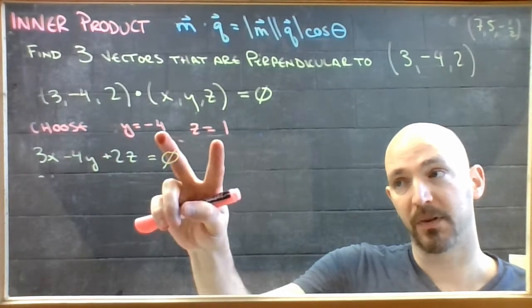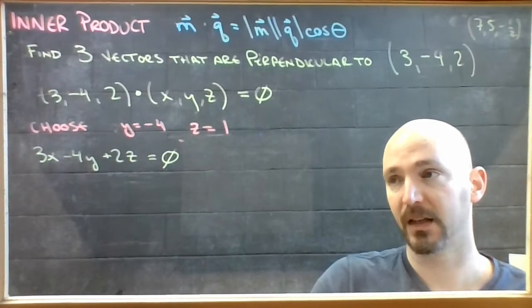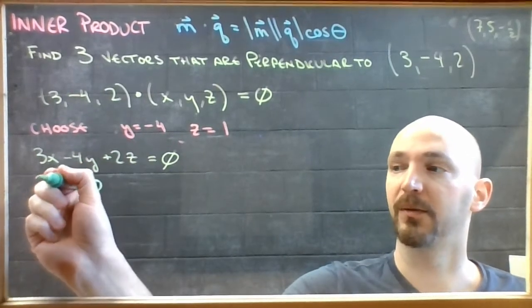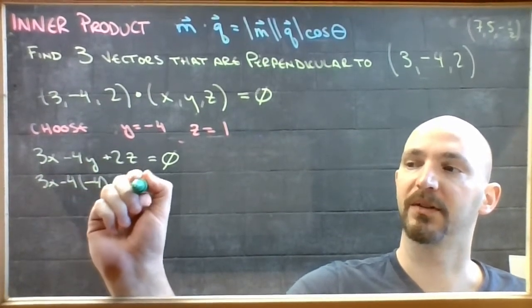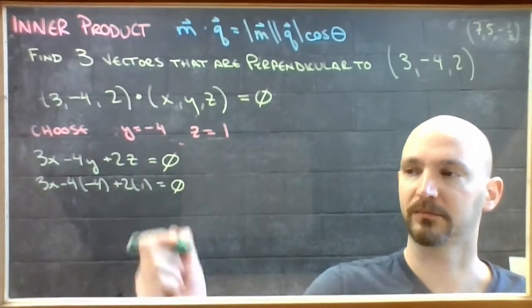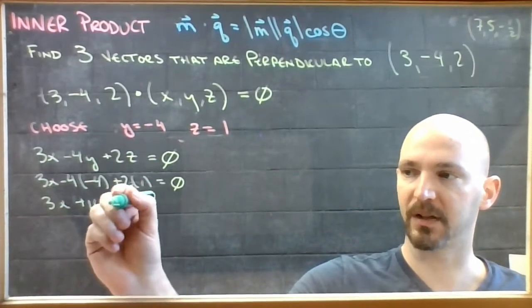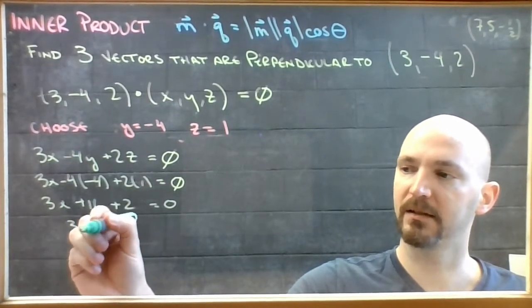So I'm just going to plunk these into this equation of a plane, and work out the x that would make this vector perpendicular. So 3x minus 4 times negative 4 plus 2 times 1. It's 3x plus 16 plus 2. 16 and 2 is 18.